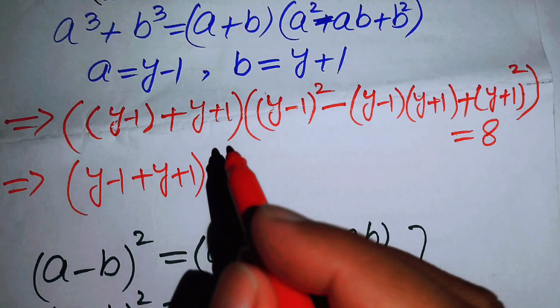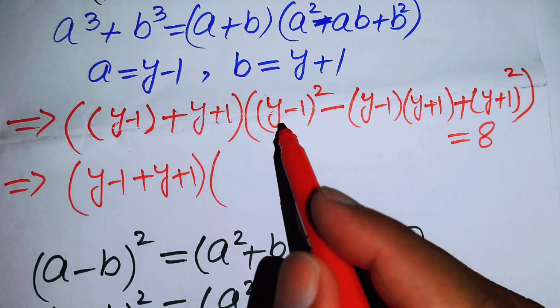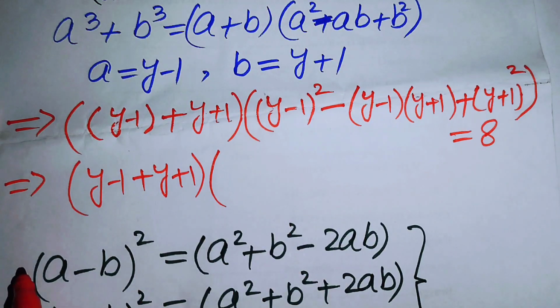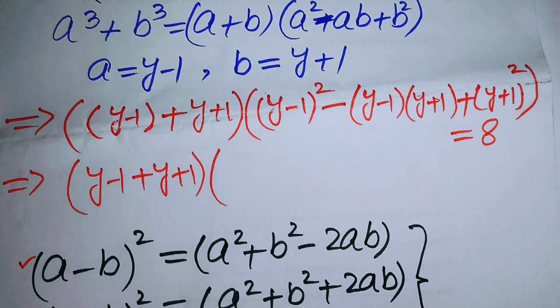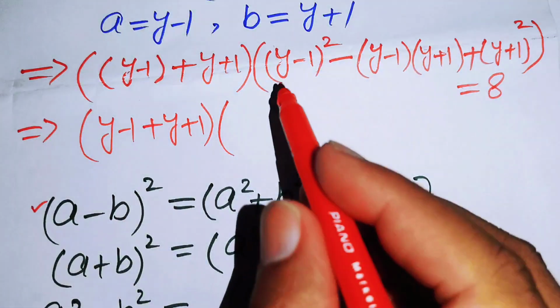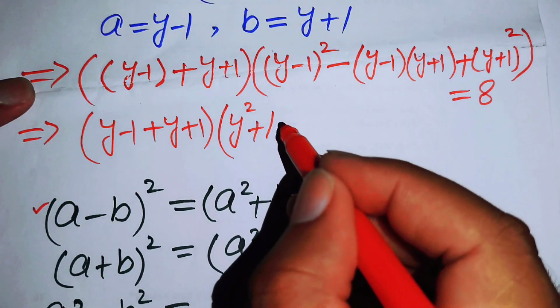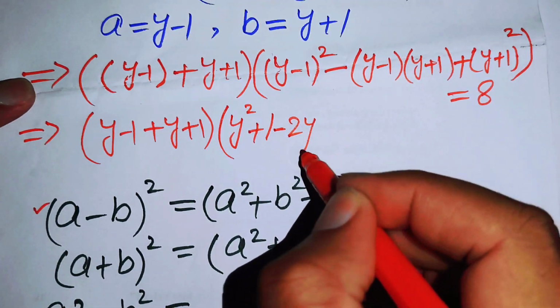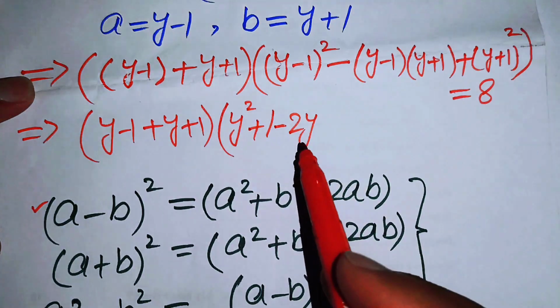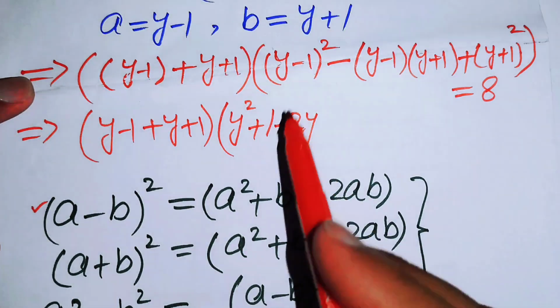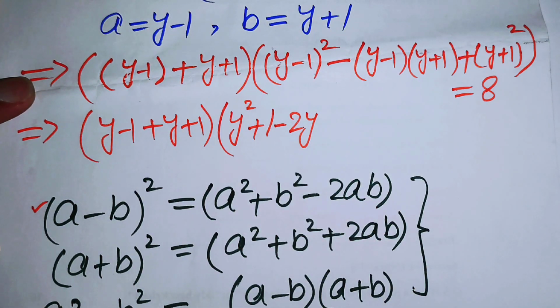The very first is (y − 1)², so we can use this formula. According to this formula we have y² + 1² − 2ab, where a is y and b is 1, so it becomes −2y.